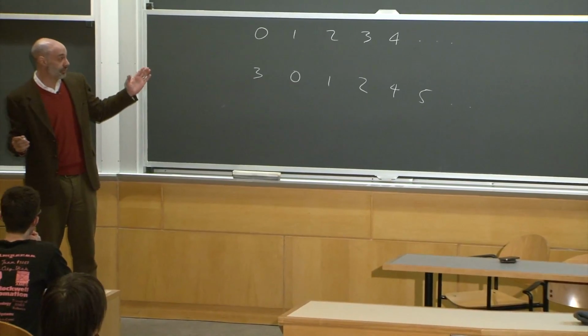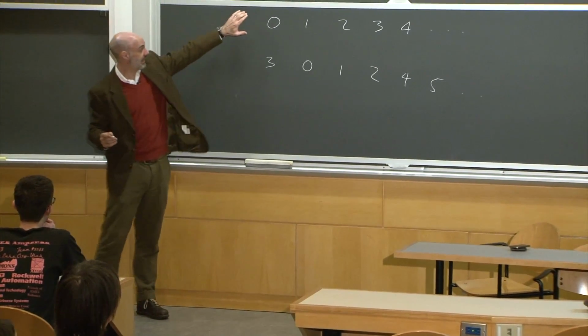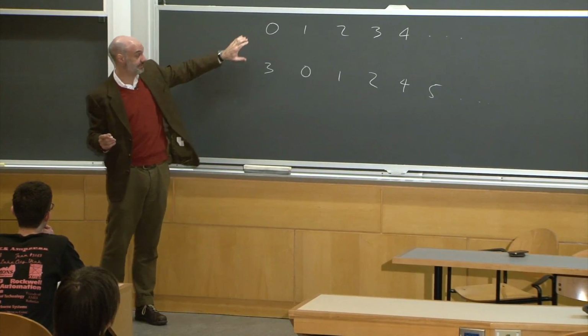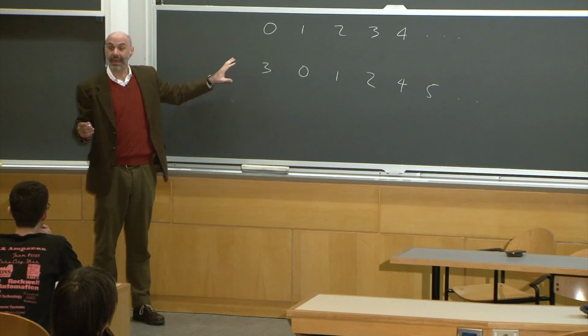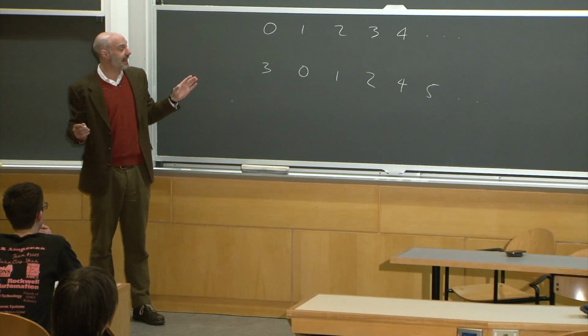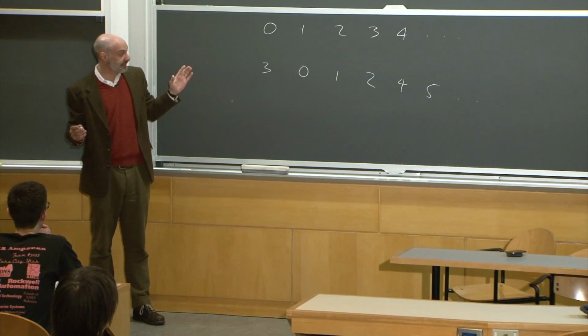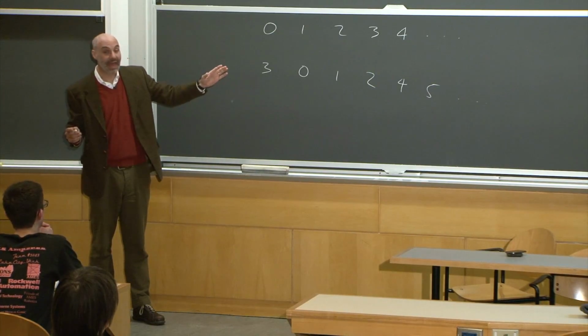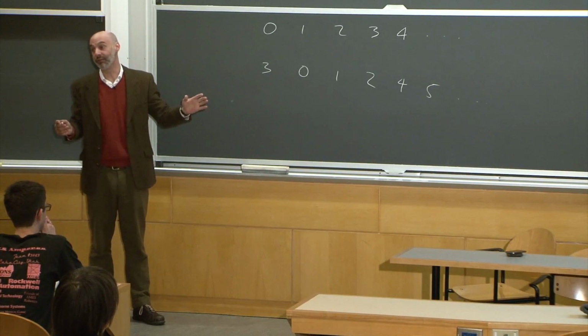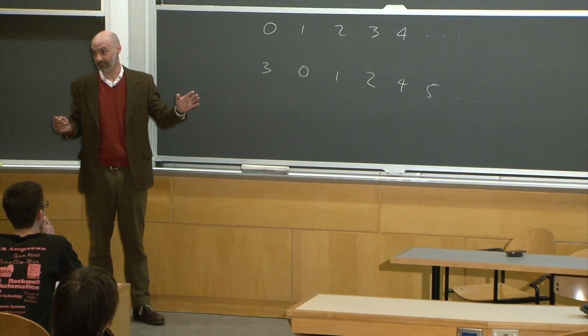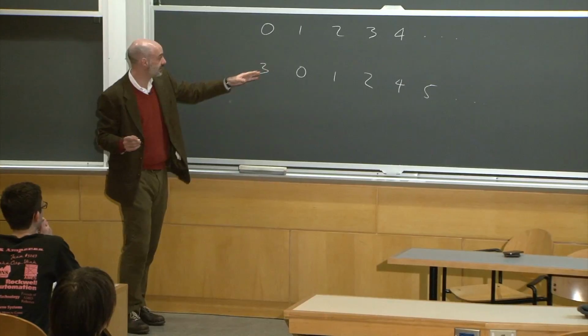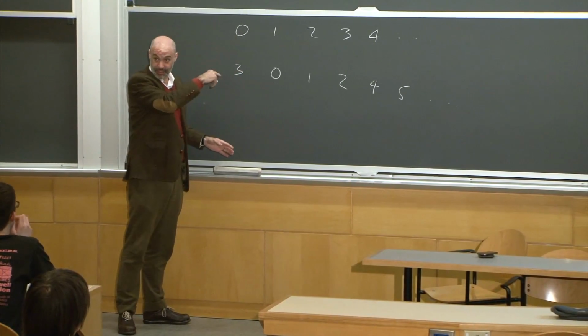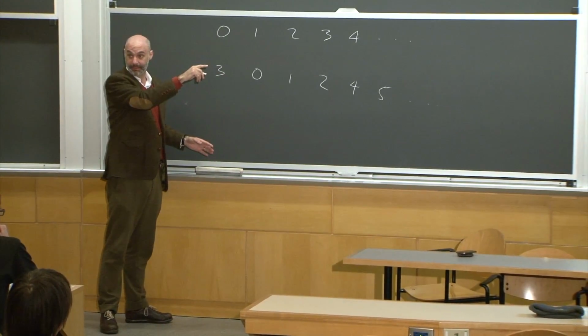Now, we know, of course, that the things here are just as many as the things here. But there's another nice feature that these orderings have, and that's that they're isomorphic to one another. Because the sets are the same size, we can establish a 1-1 correspondence between the elements.